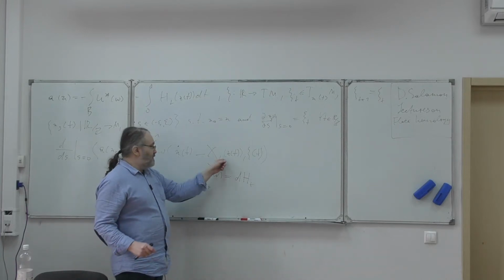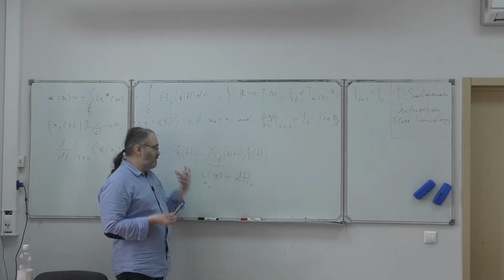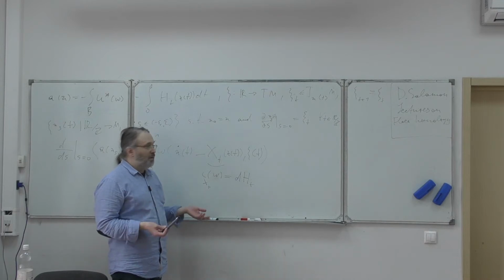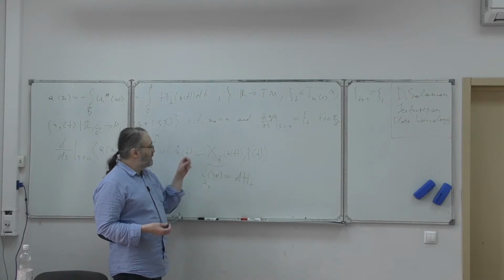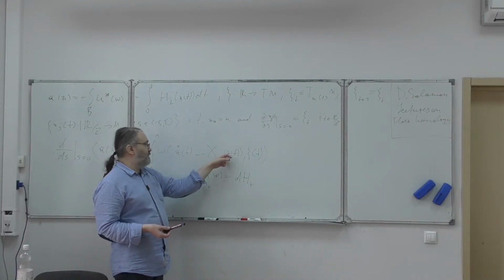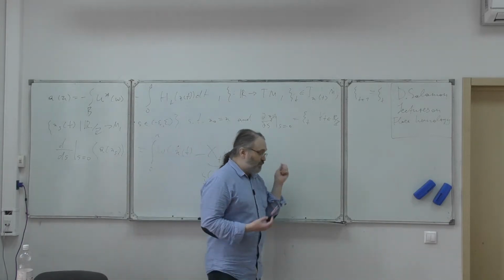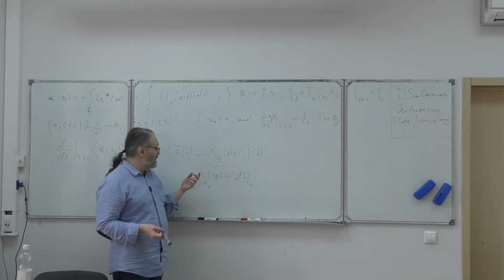This is a vector field which is defined on the whole of M for every t, and we take the value of the vector field at the point x of t, and the result is a vector.